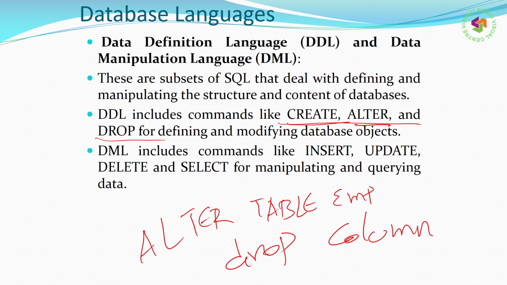For example, you are removing the column address. The column name is enough; no need to give the data type. While adding a column you have to mention the variable name and data type, but while removing you need not mention the data type. Just mention drop and the column name, and that column will be automatically deleted from the table. So: alter table, table name, drop column name. This is the syntax for deleting columns using alter.